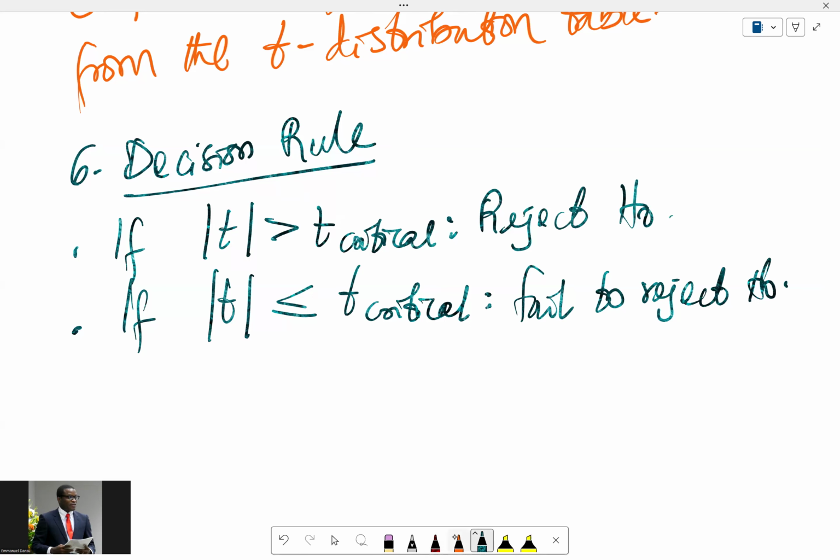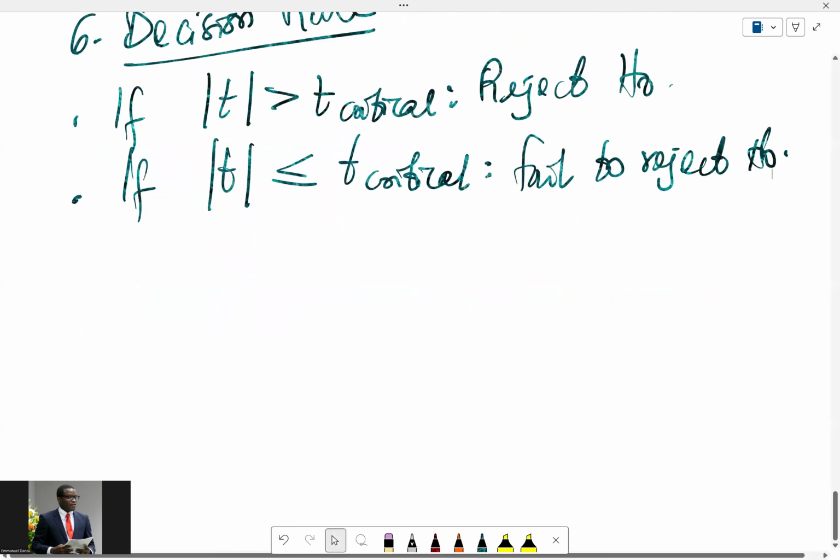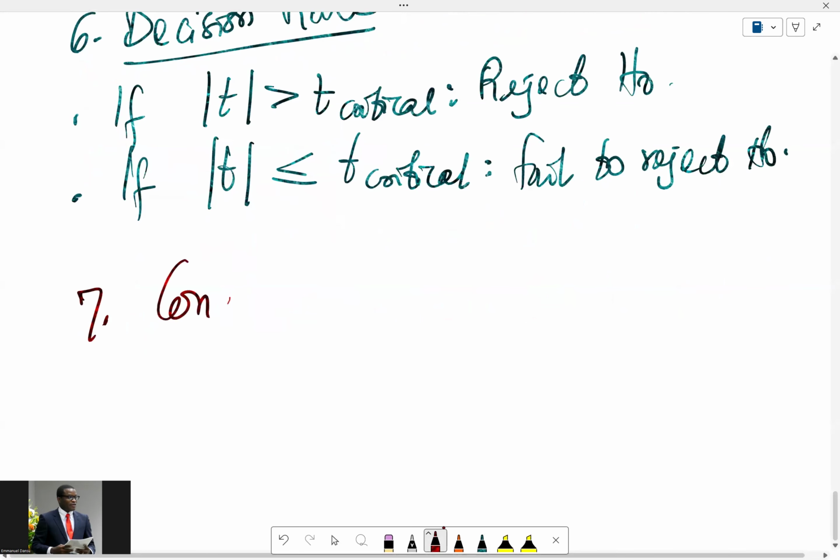So we move on to step 7, and that's where you make your conclusion.